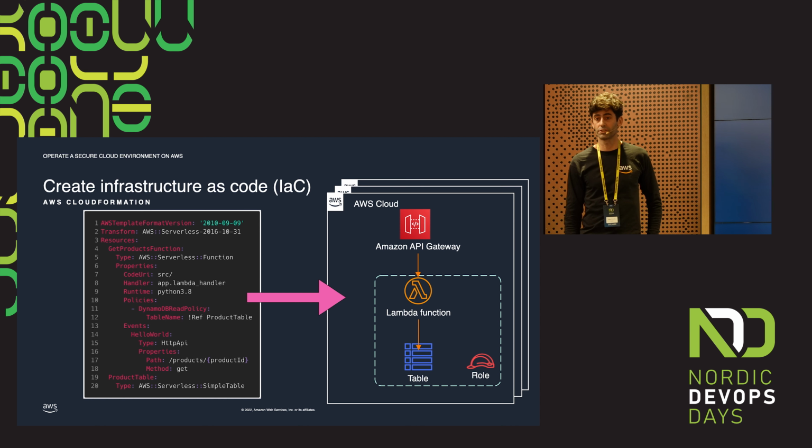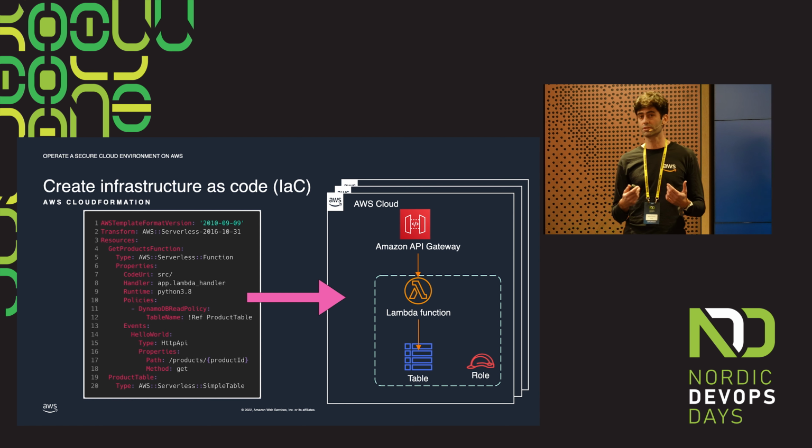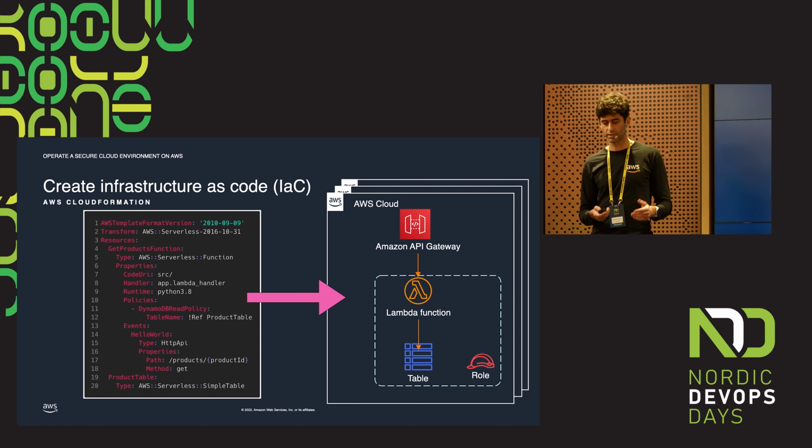We have CloudFormation as our service for infrastructure as code, but many people also use Terraform. It works by defining in a declarative way the resources you want to have, the configuration, and then you can apply that across accounts in a controlled fashion. And this has implications for security as well, as I will explain next.